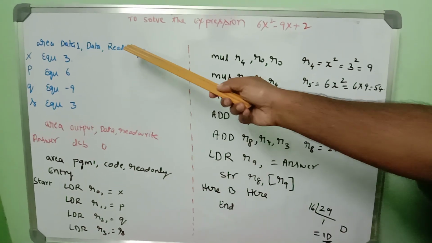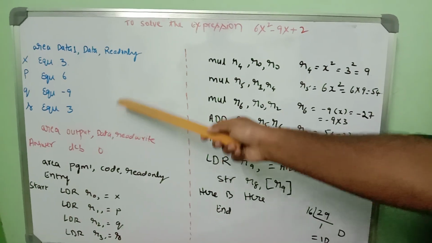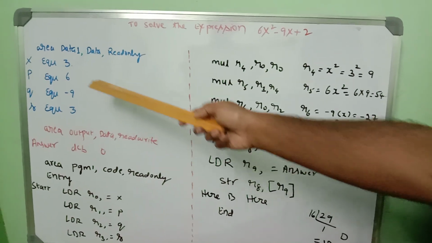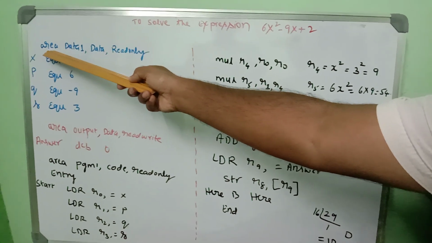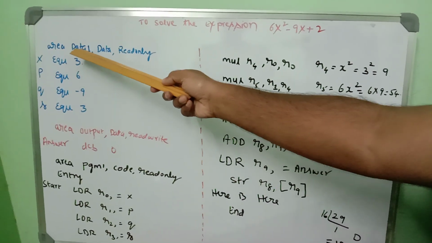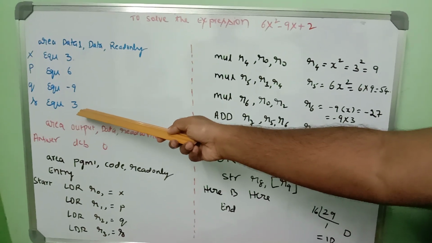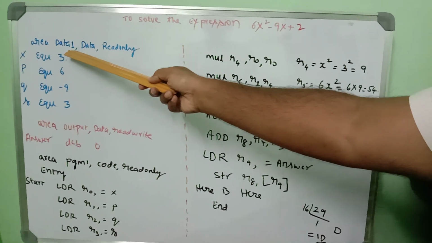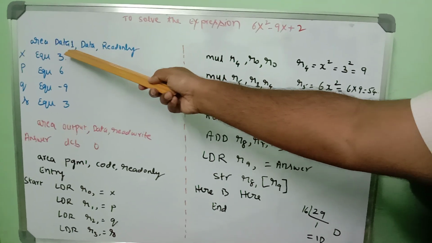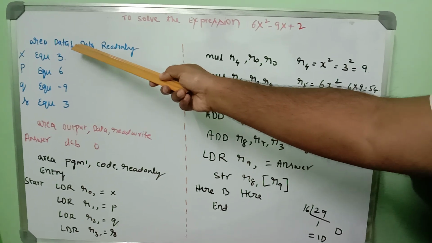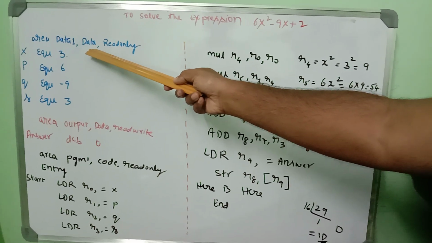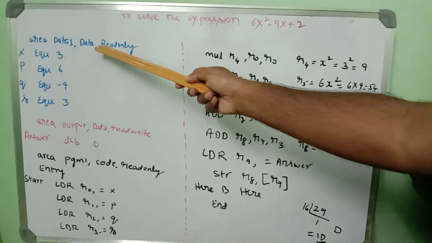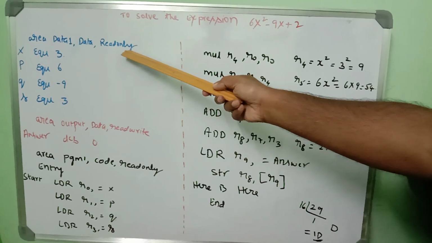So let me take up the first segment, which is in the blue color. Area is an assembler directive which enables me to take a block of memory, which is called a user defined name of my choice. I have used data 1 where I am going to store the data, and I have preferred read-only type of memory.